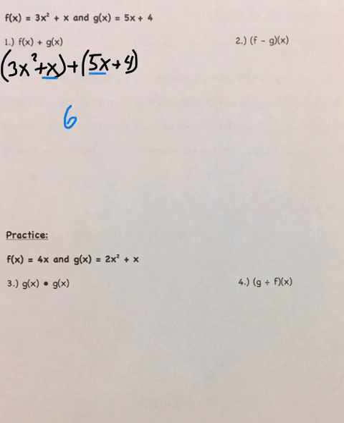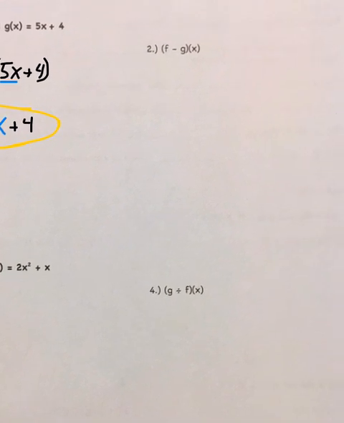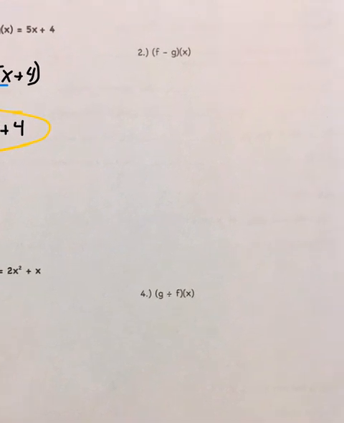That's a 6x. Everything else, we leave it as 3x squared plus 6x plus 4. So that's our answer.